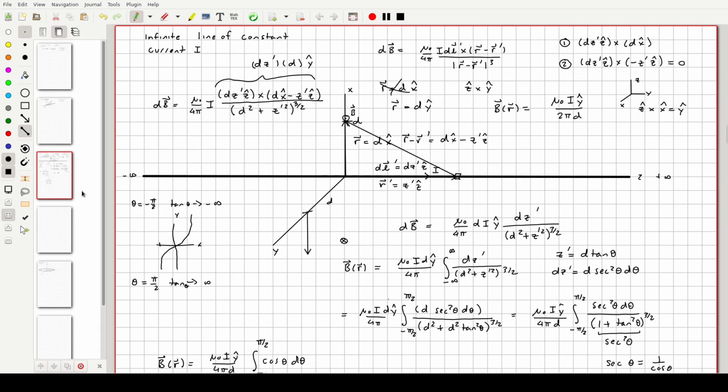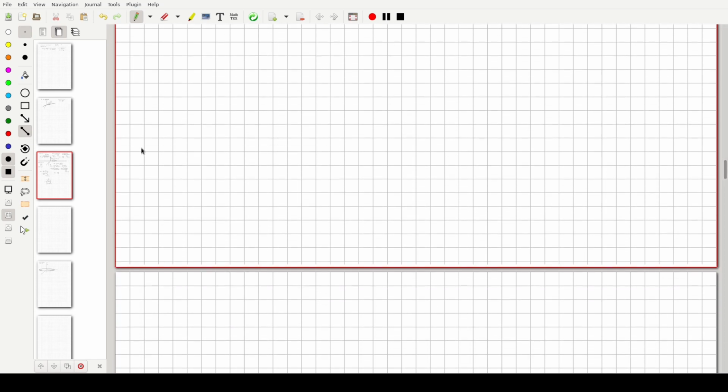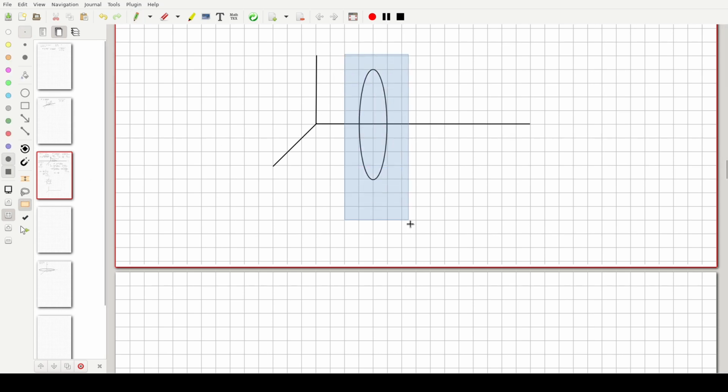So if I were to go back over here and look right here, if you were to think of this as being the z direction, this as being the x direction, and this as being the y direction, then what you have is a circular magnetic field like this.